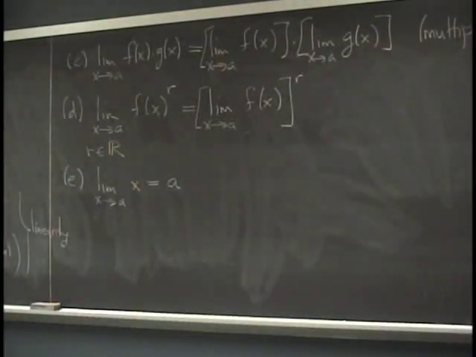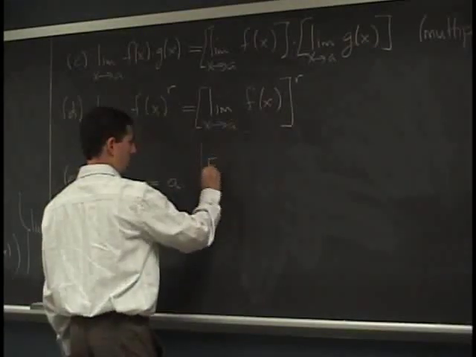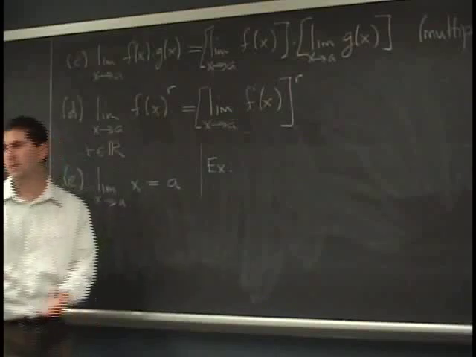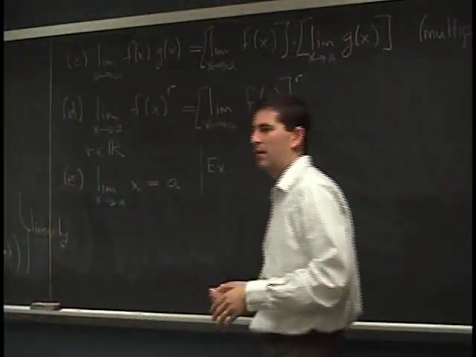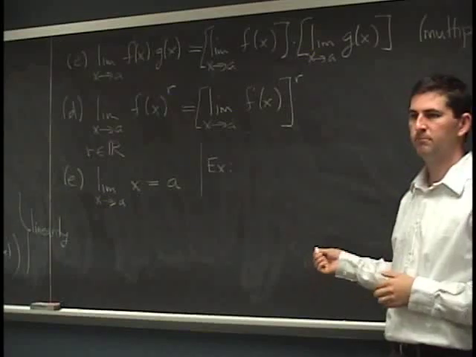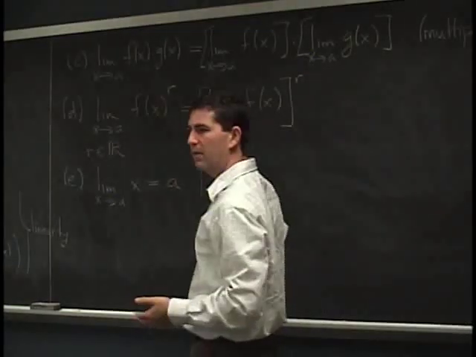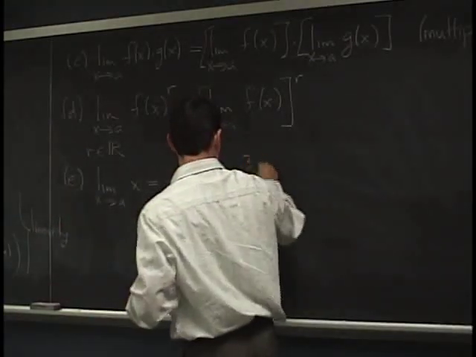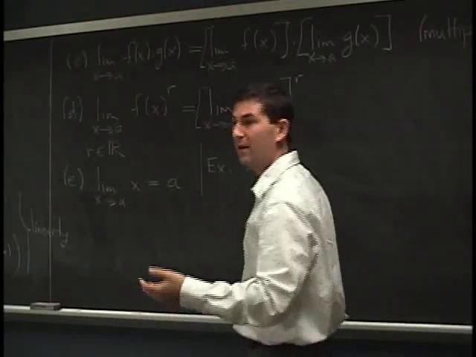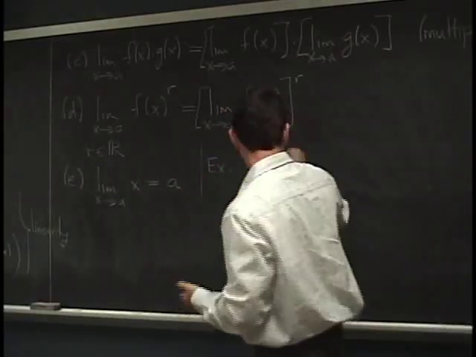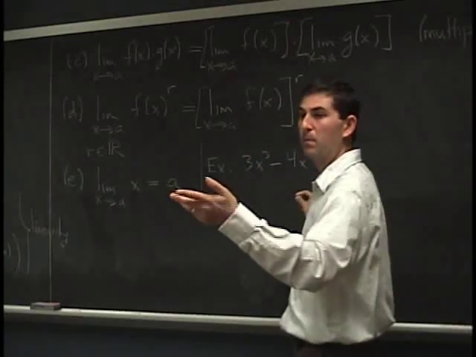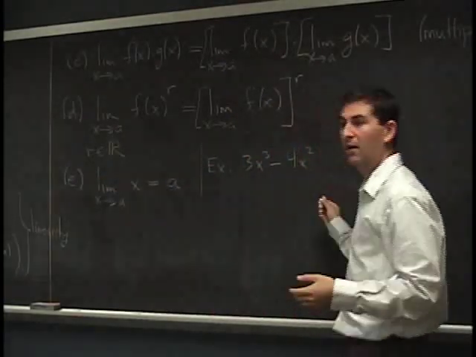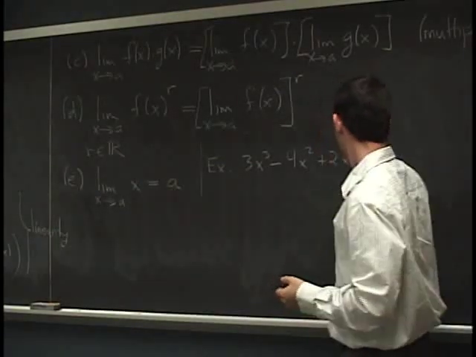Okay, that limit is a. Why is this such a big deal that I actually give it its own letter? Let's look at an example. Give me some polynomial, say a third degree polynomial. 3x cubed, okay, minus 4x squared, okay, plus 2x minus 3.